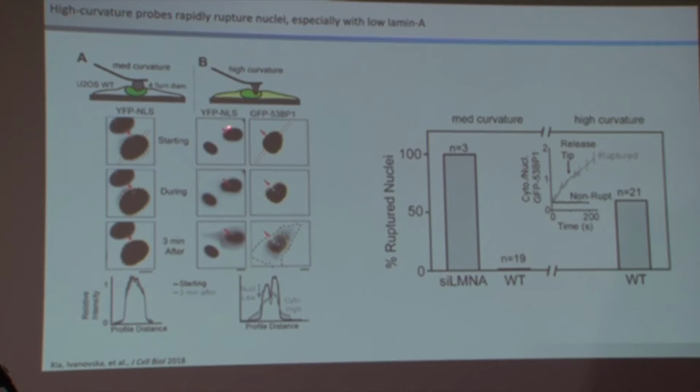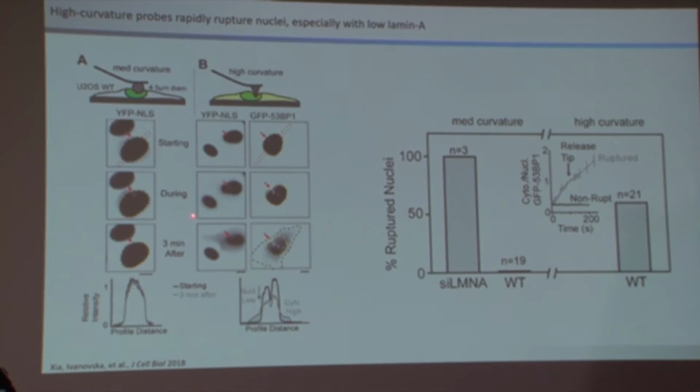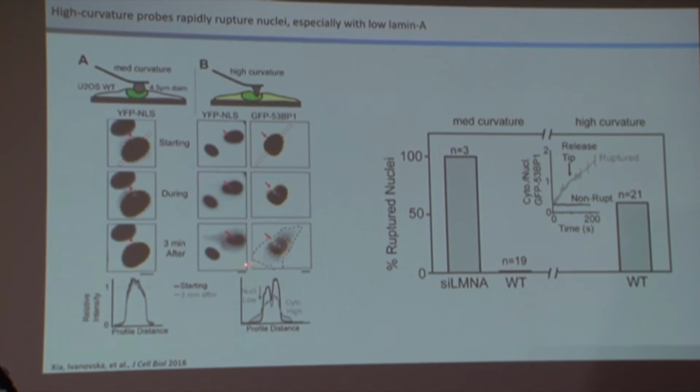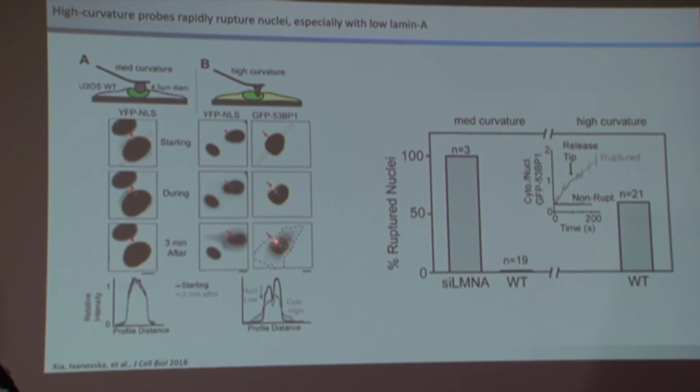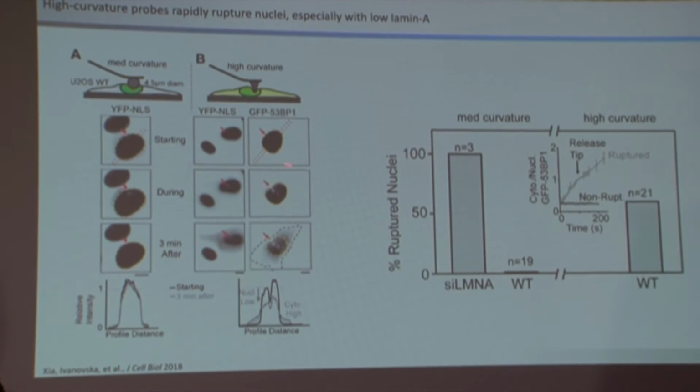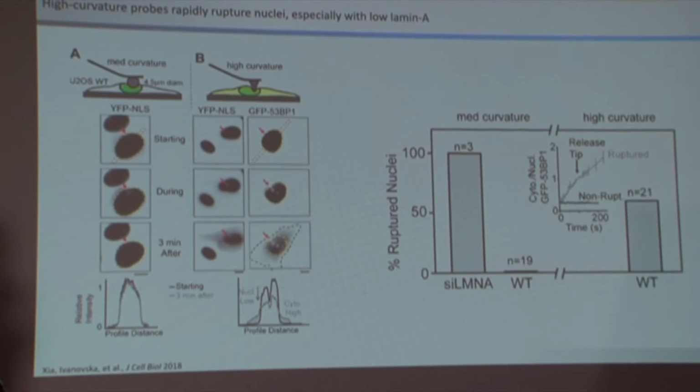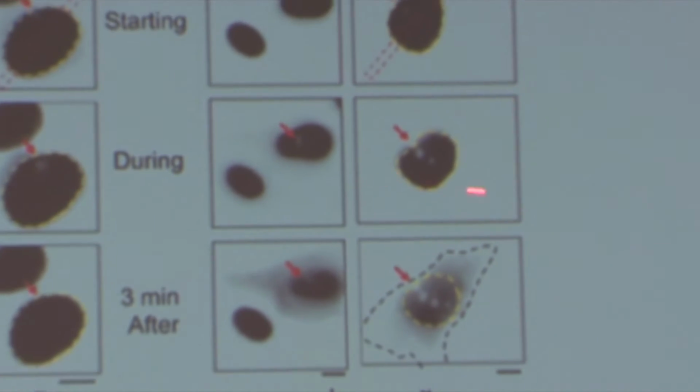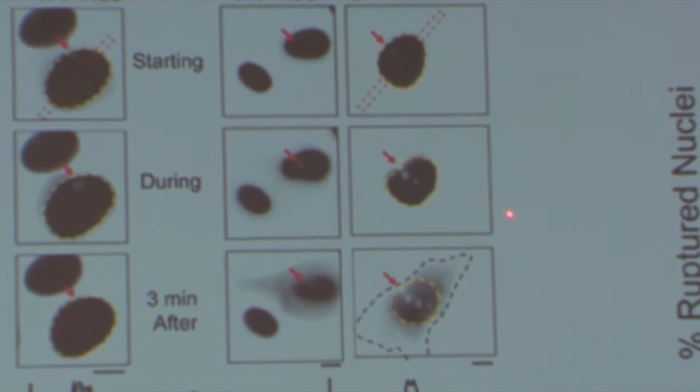And with a sharp tip, we see that within minutes, the DNA repair factors are leaking out of the nucleus into the cytoplasm. It's a very quick process. We've done experiments with different repair factors like 53BP1, Ku70 and Ku80, which belong to a different pathway, with similar results in terms of time.